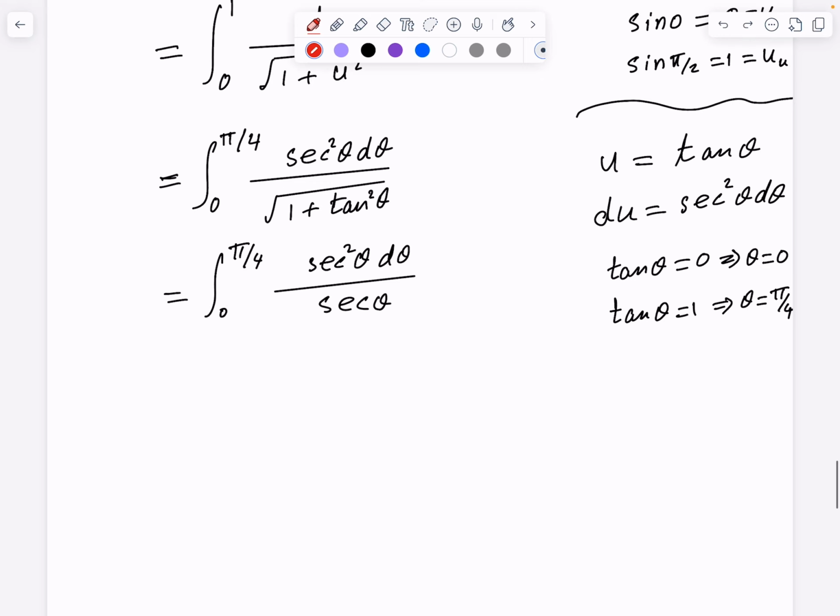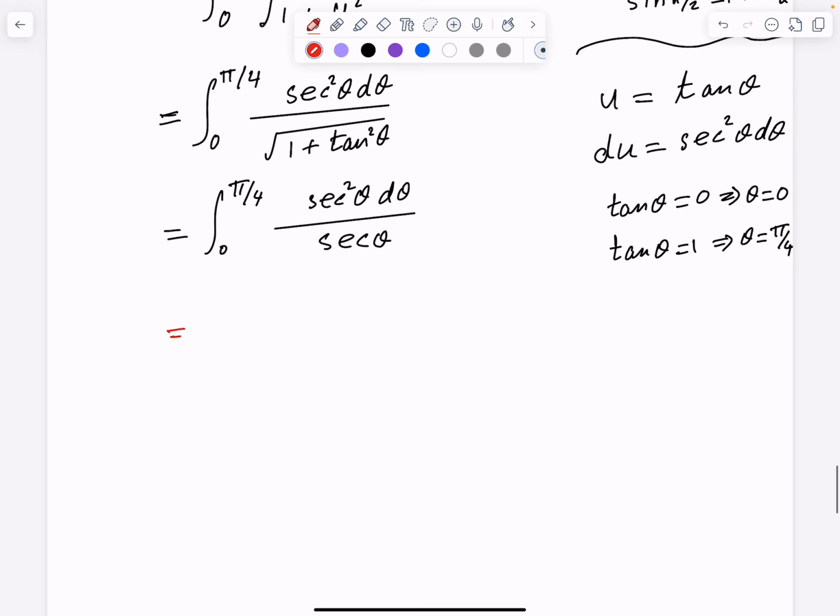Okay, and we get the integral from 0 to pi over 4 of secant theta d theta.